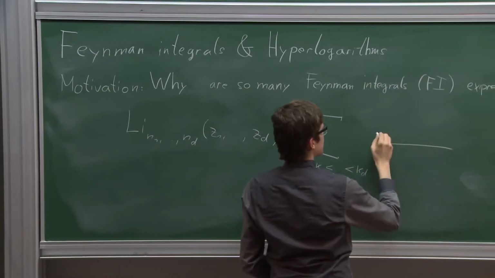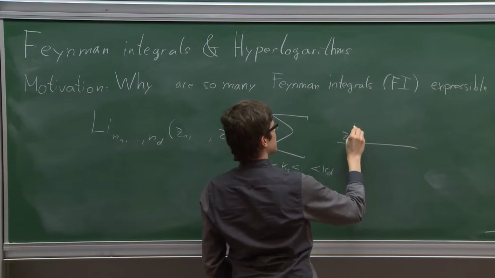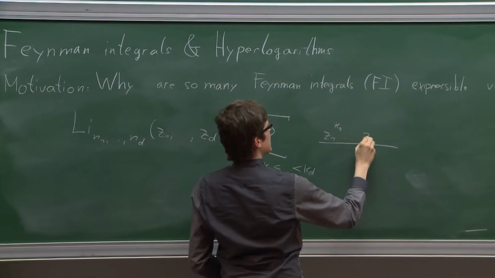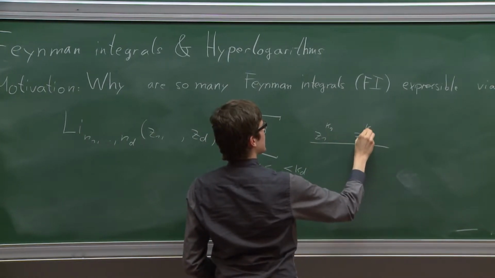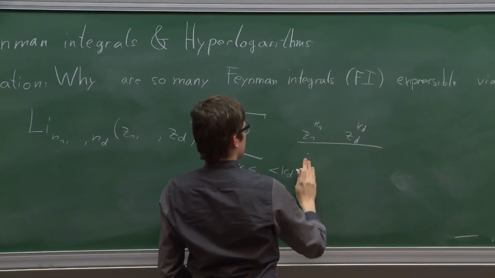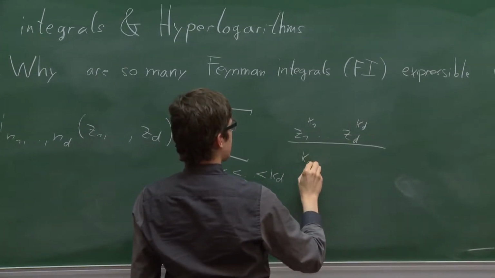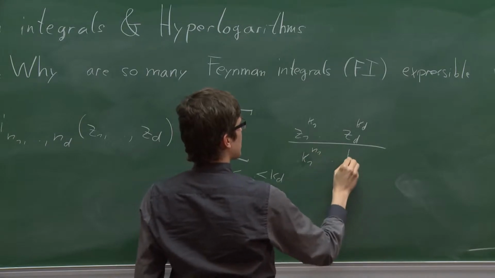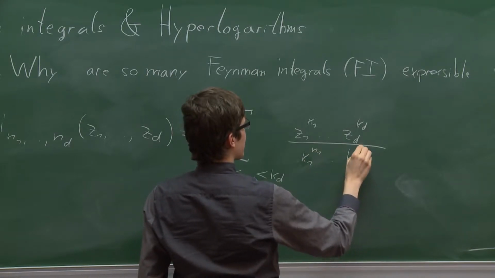The thing you sum is just the monomial indexed by these summation indices in the parameters, divided by the summation indices raised to certain powers as dictated by the index of the multiple polylogarithm.